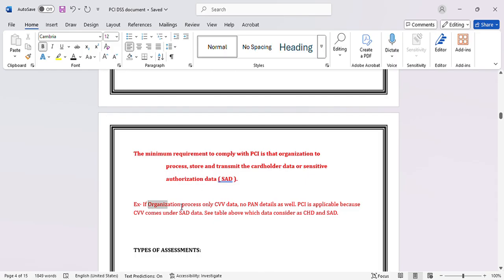For example, if an organization processes only CVV, with no PAN details, PCI is applicable because CVV comes under SAD. See the table above for which data is considered CHD and SAD. Great. So, to summarize PCI DSS applicability: if a vendor is processing SAD or cardholder data, then PCI is applicable. Very straightforward. You can comment if you still have any confusion or require support.